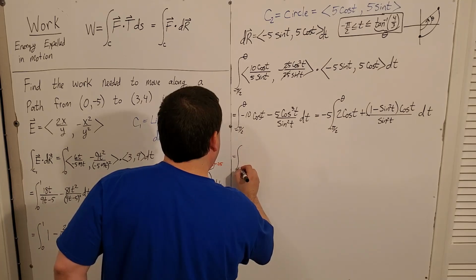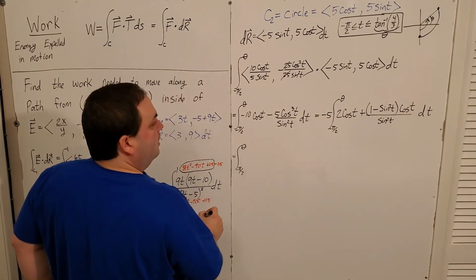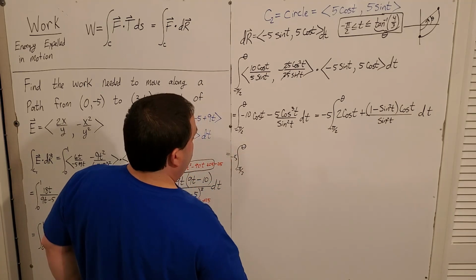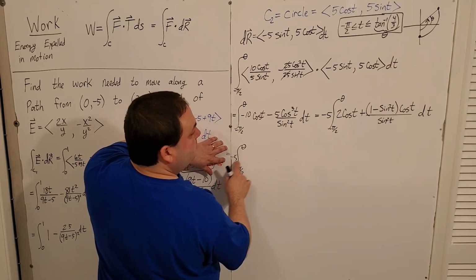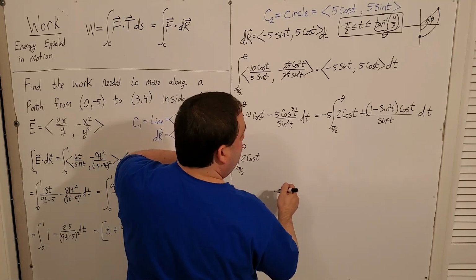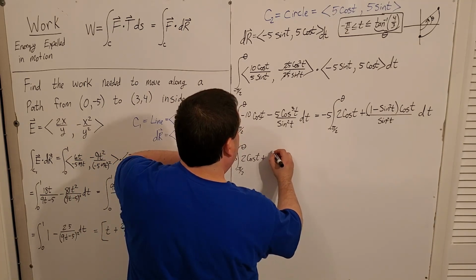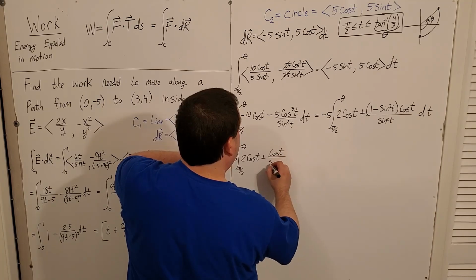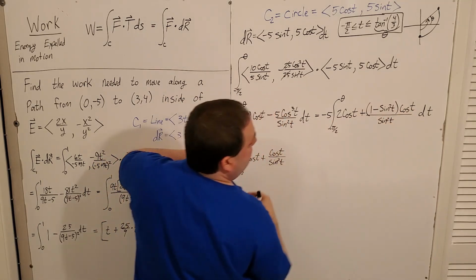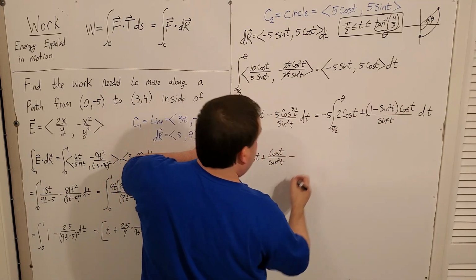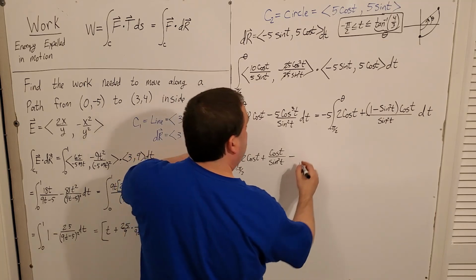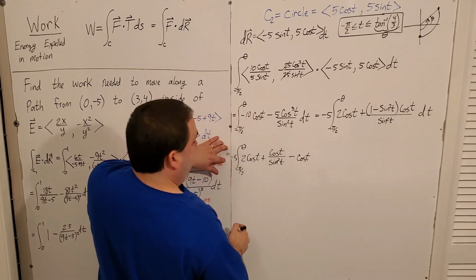So integral from -pi/2 to theta. And, oh, forgot my -5. Right, got my -5 there. 2 cosine. I'm going to have plus cosine t over sine squared, because that's just the cosine, and then under this. And then, of course, minus cosine will multiply here, but sine squared over sine squared is just 1, so minus cosine t, right?